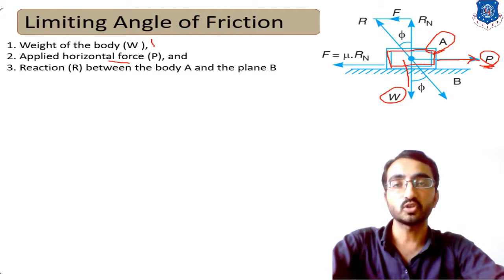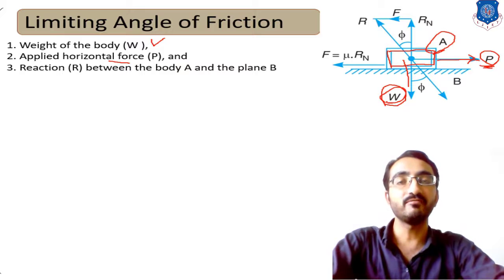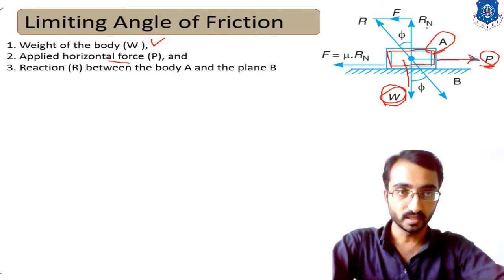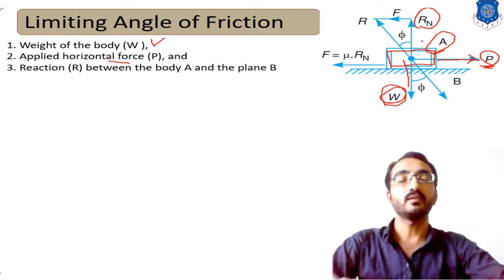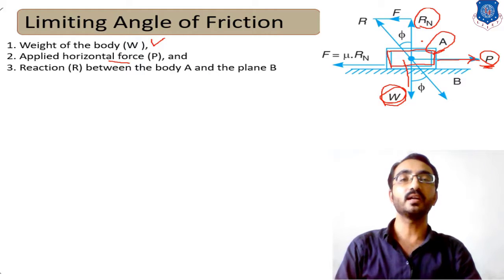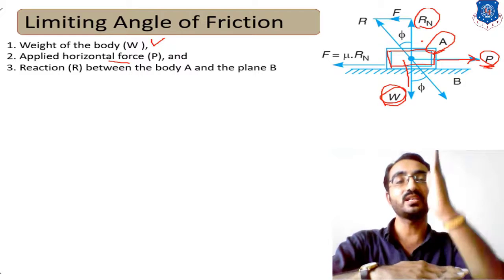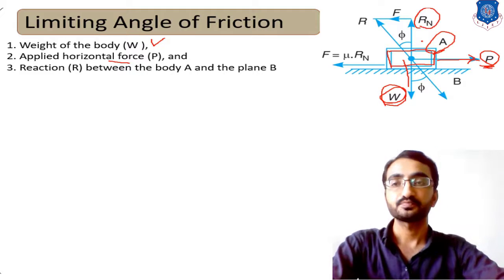Due to the weight of the body, there will always be some normal reaction force. Let's consider Rn is the reaction force acting perpendicular to the contact surface. Here the contact surface is horizontal, that's why the normal reaction is in the vertical direction.